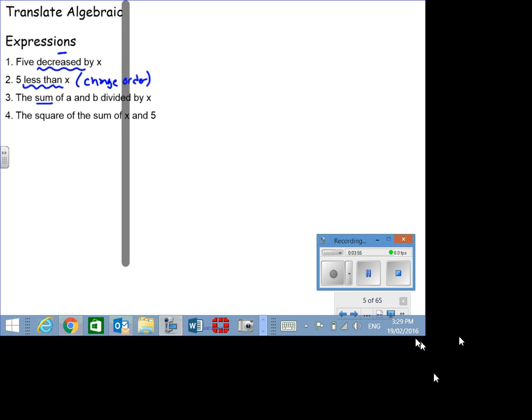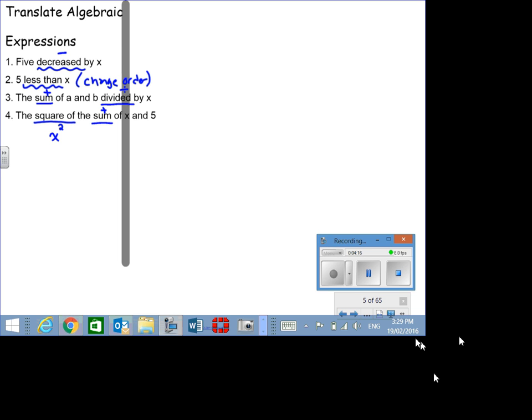Sum, meaning addition. Divided by, obviously, meaning division. And then square of means when you actually put that little 2 on the top. So if you have a base of x, I would put a little 2 on the x for square, and then we have sum again for addition, and so on and so forth.